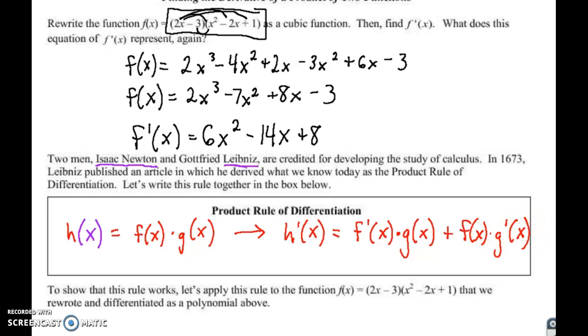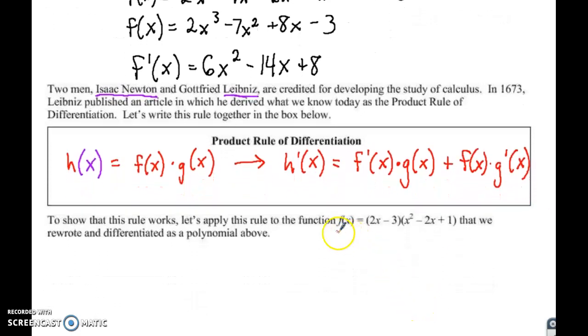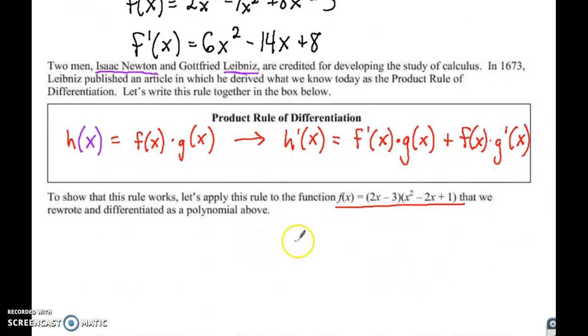So what I'm saying is if you look at this same exact problem without distributing, because maybe you're afraid that you're bad at distributing, and you're asked to find the derivative, what you can do is find each individual derivative and then plug it in.